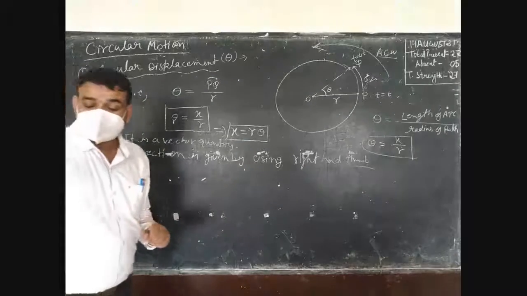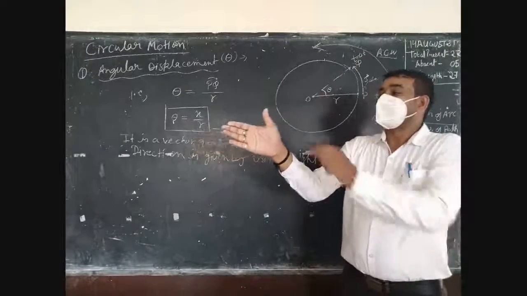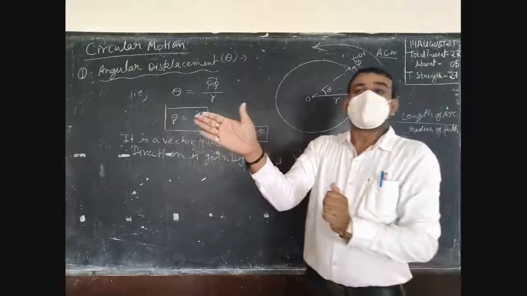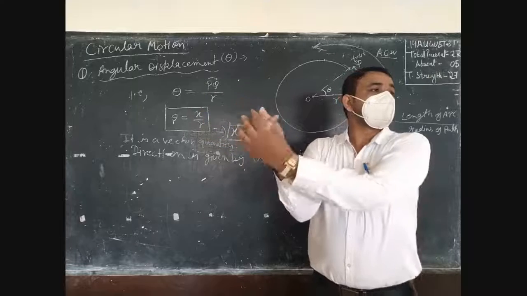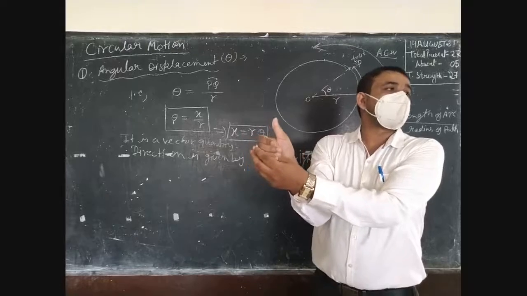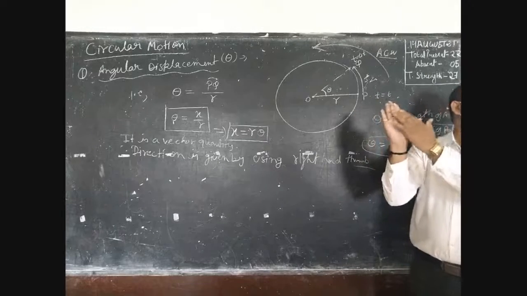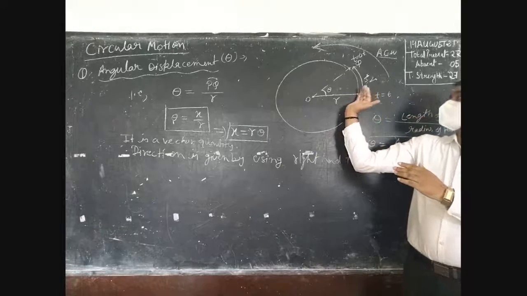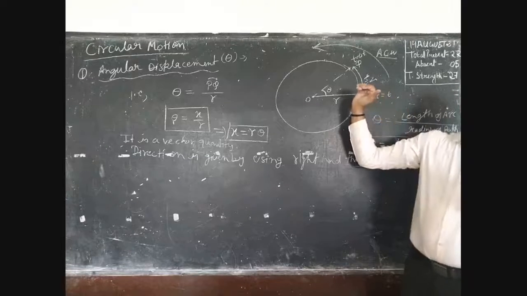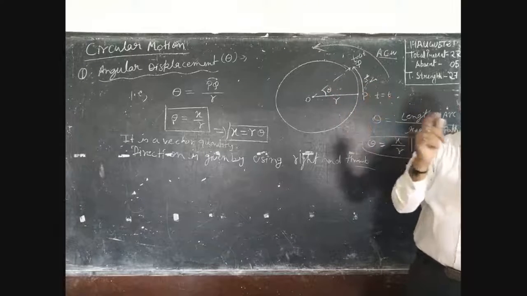According to this rule, if we stretch our right hand with the thumb perpendicular to the fingers, and we curl our fingers so that the direction of rotation is given by the curling of the fingers, then the thumb gives the direction of angular physical quantities like angular displacement.